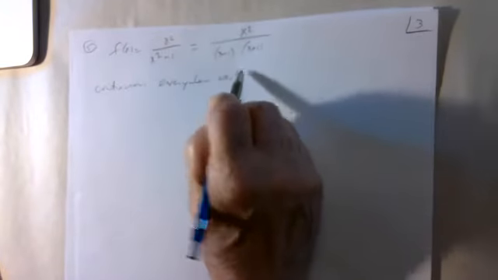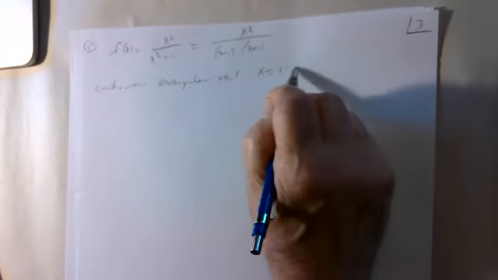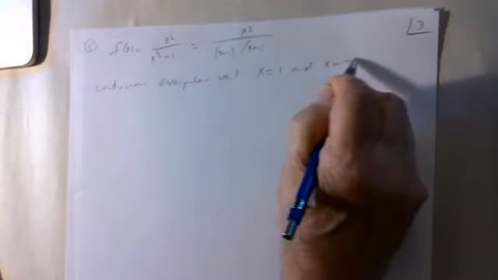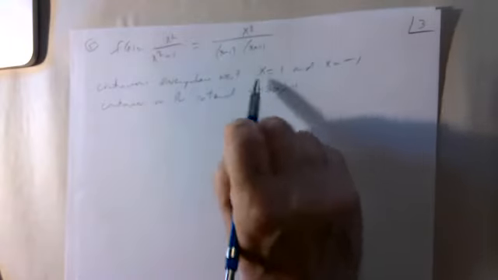So this is continuous everywhere except where the denominator is 0, x equal 1 and x equal minus 1. Or another way to say this is it's continuous on the intervals from minus infinity to minus 1, minus 1 to plus 1, and 1 to infinity.